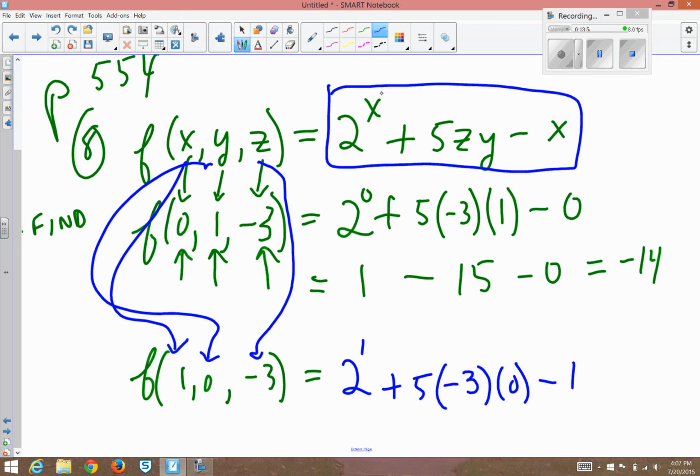So that equals 2 plus 0 minus 1. 5 times negative 3 times 0 is 0. That makes the answer 1. And we're done.